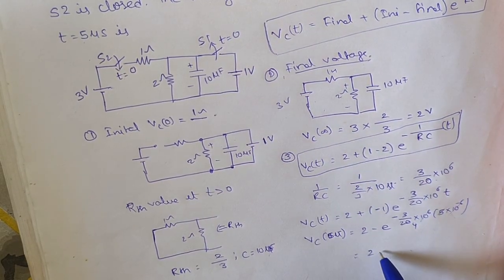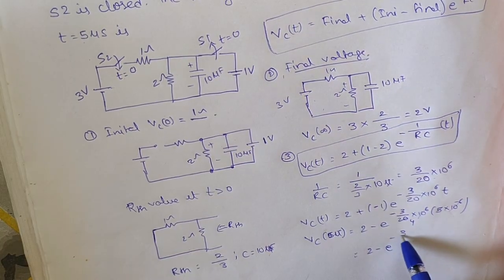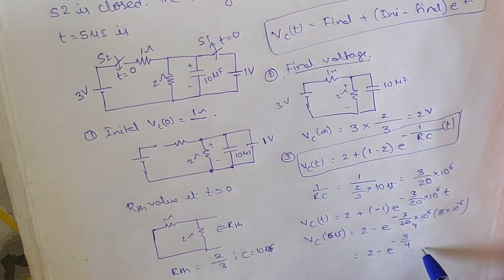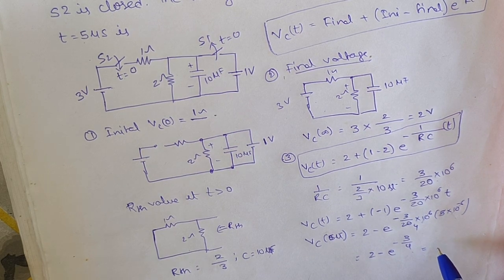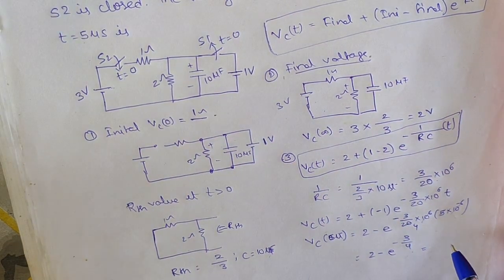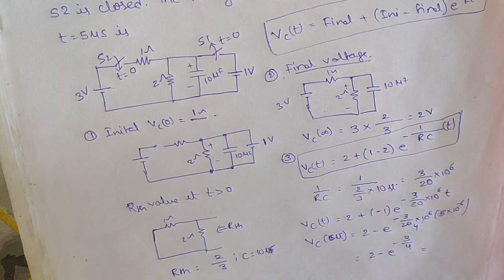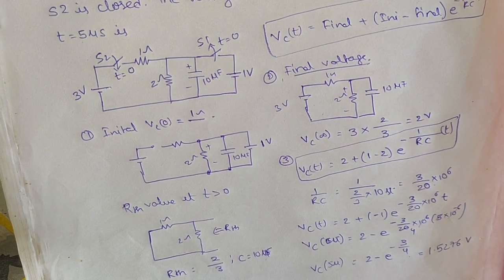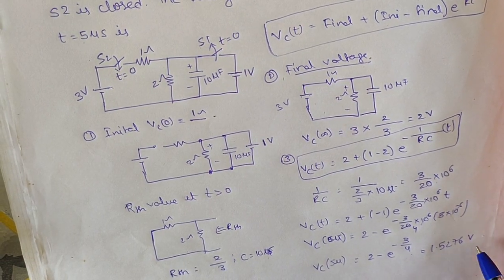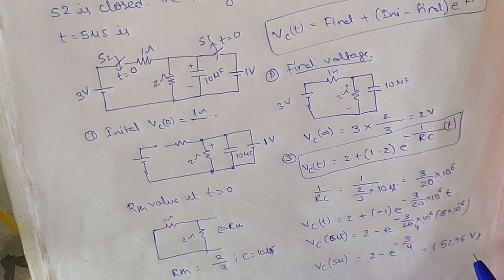So 2 minus e power minus 3 by 4. If you calculate this value, we will get the solution. The answer is 1.5276.